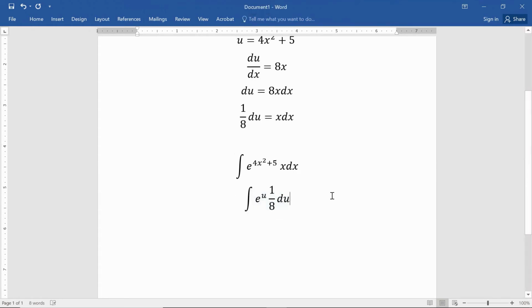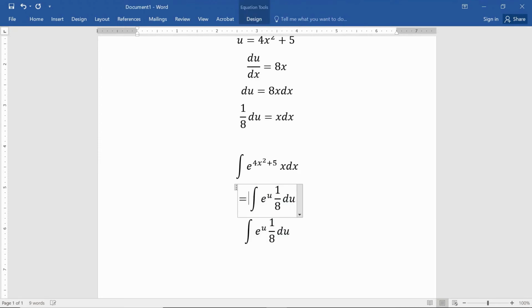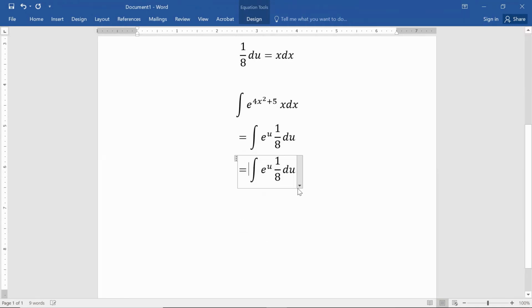Let's rewrite that. I probably should have been putting equal signs in front of all these. These are all equivalent integrations. I'm going to take the 1/8 and put that as the coefficient of e to the u.